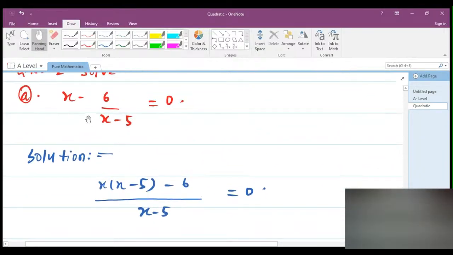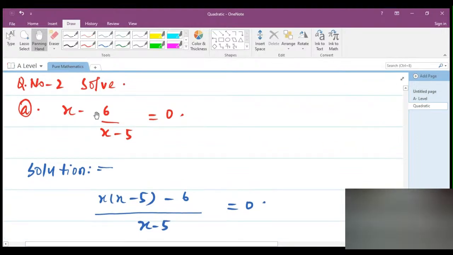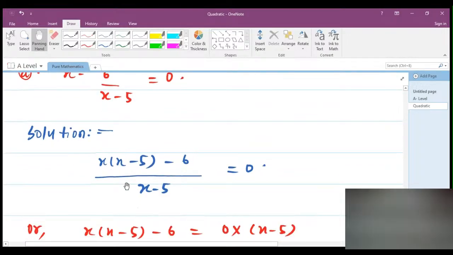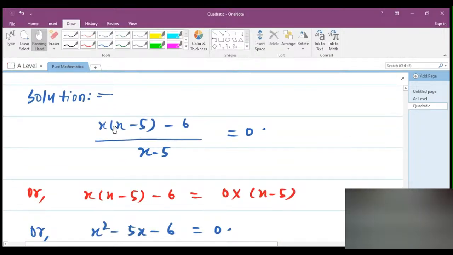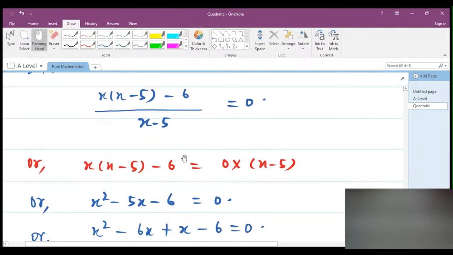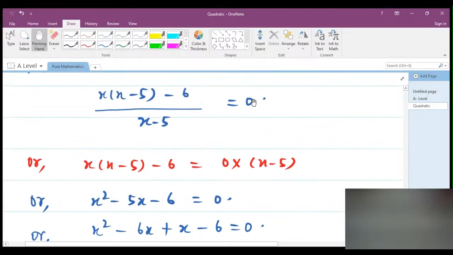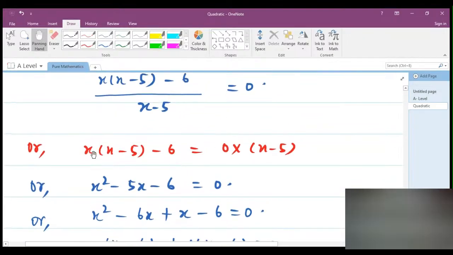So this is the question: x minus 6 by x minus 5 equal to 0. We take x minus 5 as the LCM, then here we get x into x minus 5 minus 6 equal to 0, and the next step will be when x minus 5 moves to the right hand side, then we get in the left hand side x into x minus 5 minus 6 equal to 0 into x minus 5.